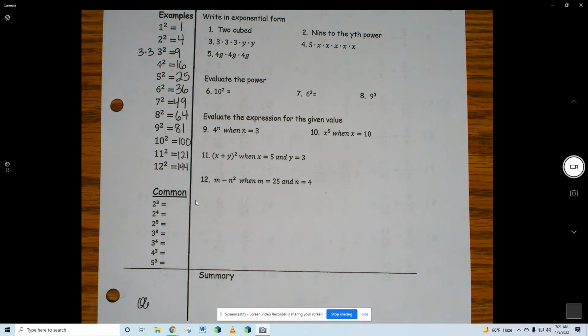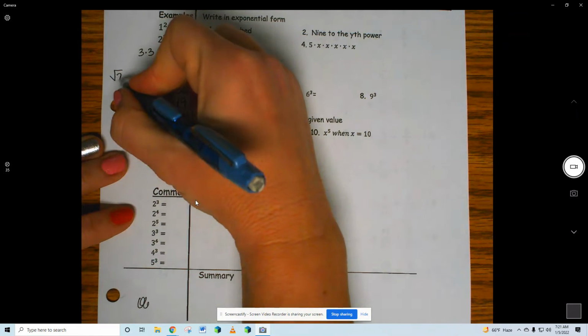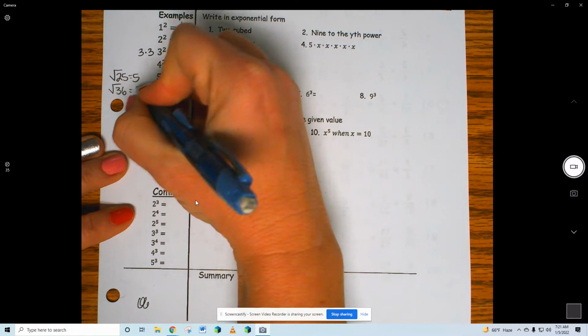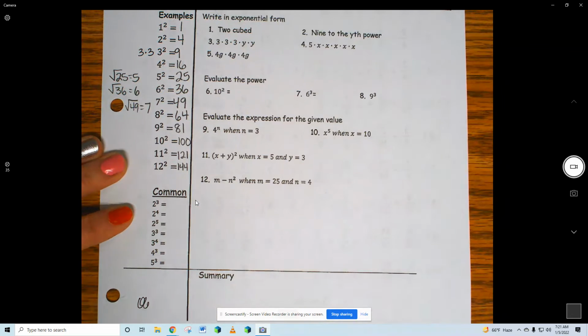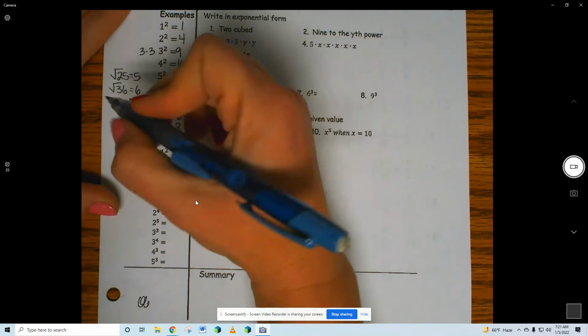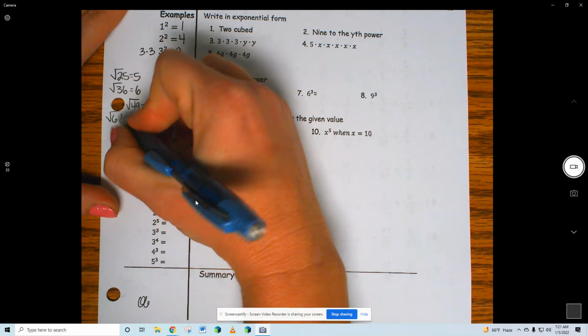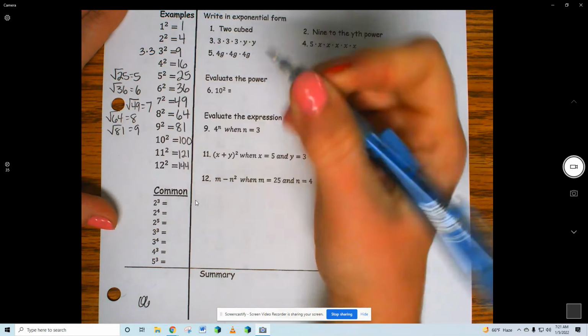You also need to memorize the part that I wrote on the board where it says, the square root of 25 equals 5. The square root of 36 equals 6. The square root of 49 equals 7. Things like that. You need to know it backwards, the square root portion. So I best write that, huh? The square root of 64 equals 8. The square root of 81 equals 9.